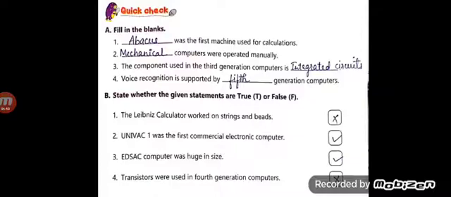Yes, UNIVAC, then you have ENIAC, EDVAC, EDSAC. These were all computers which were huge in size. Next, transistors were used in fourth generation computers. No, transistors were used in second generation computers, and fourth generation computers used microprocessors or VLSI.